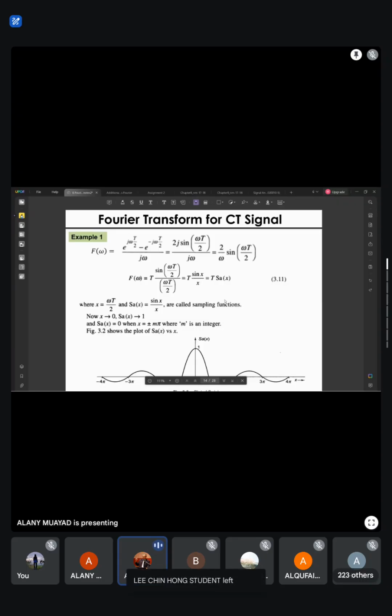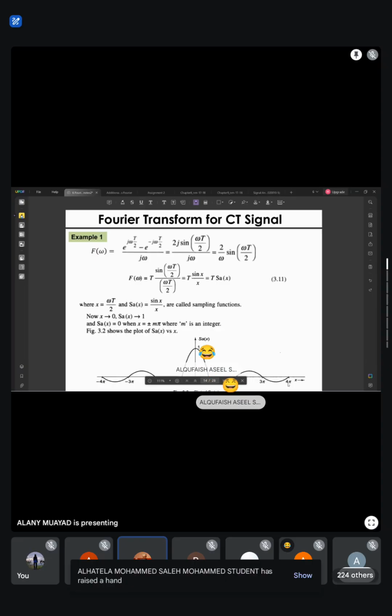One is 3 marks, and the second one is 7 marks. So 3 marks maybe for the introduction, and 7 marks for the derivation. Okay, thank you, Doctor.